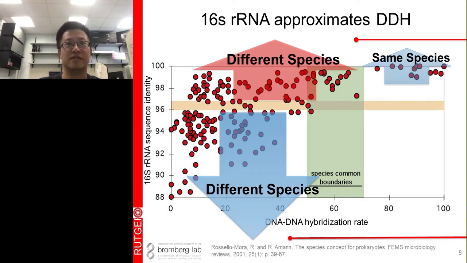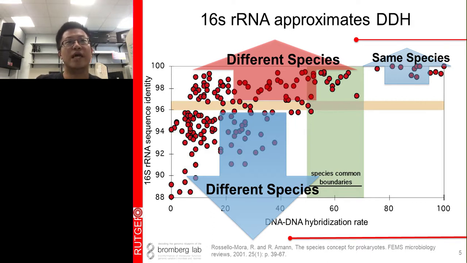So what do I mean here? If we look at this picture, the x-axis is the DNA hybridization rate, and the y-axis is the 16S RNA sequence identity. Each dot in this figure is a pair of organisms.